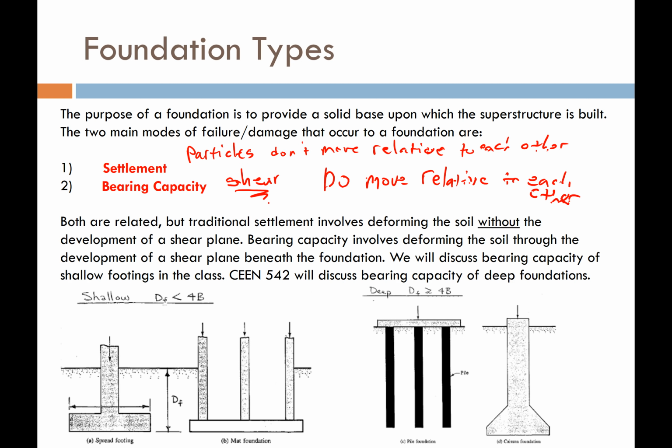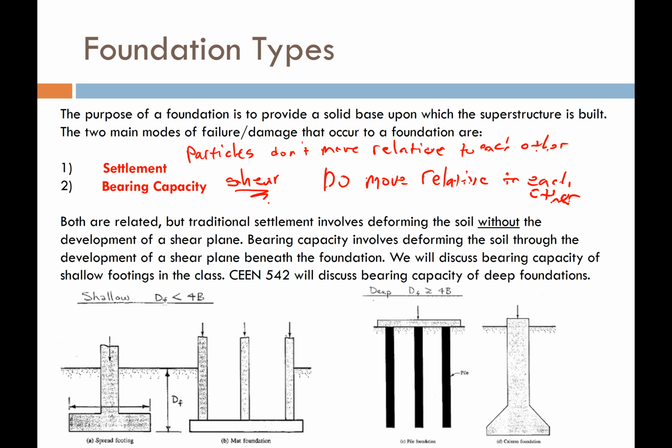Okay. Now, while both of these methods use different mechanisms to cause vertical deformation in our soil, the building won't really notice the difference. All the building knows is that it's moving vertically, and you're going to see very similar evidences and very similar signs that vertical movement is occurring.